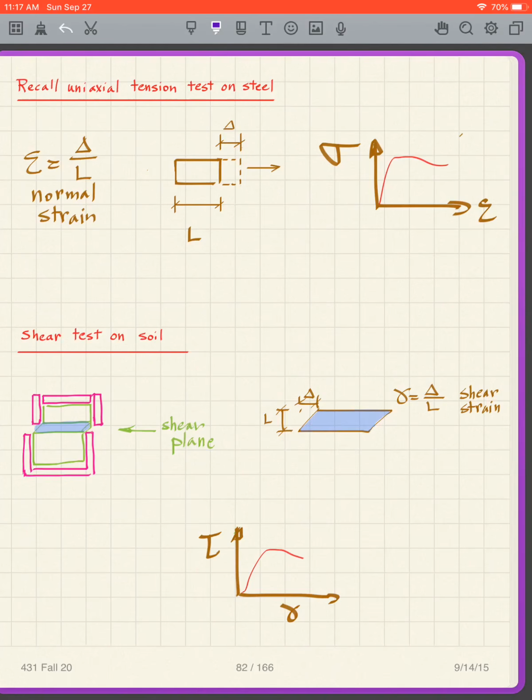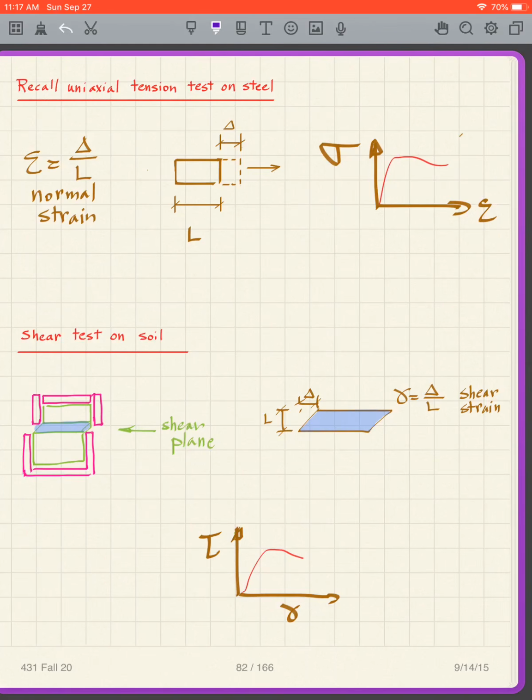So we can create, again, another stress strain curve. So our tau gamma instead of sigma epsilon, and we get our curve, and it's similar to the sigma epsilon curve.